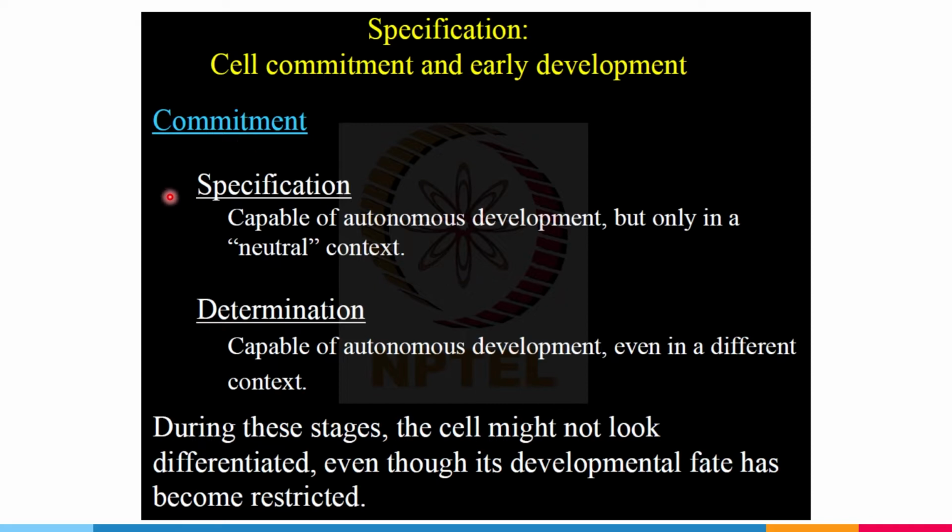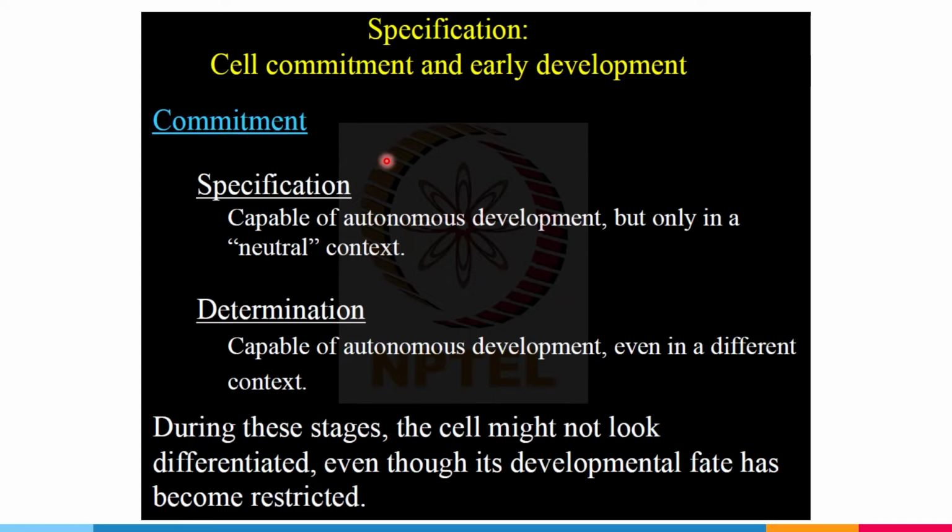Now, commitment has two subparts, which include specification, in which the cell is capable of autonomous development, but only in a neutral context. Consider the example we are taking: the colony forming unit can form either a red blood cell or a white blood cell. If at the stage of specification the colony forming unit cell is left alone completely, then if its fate was already determined to be an RBC, it will go ahead and form an RBC in a neutral context, when there are no neighboring signals coming to it to form some other type of cell.